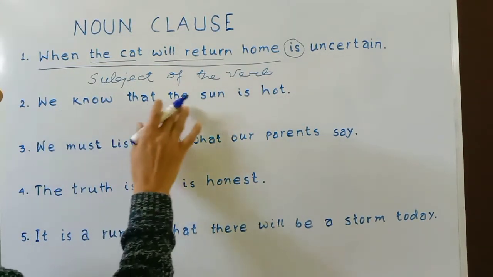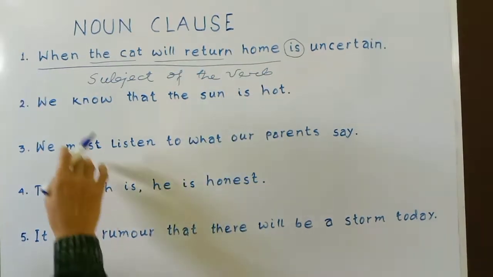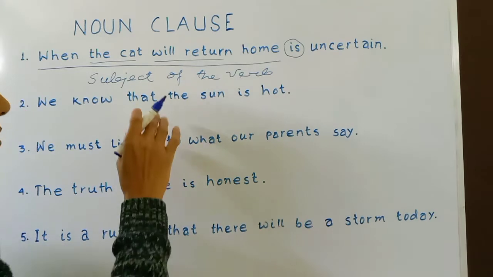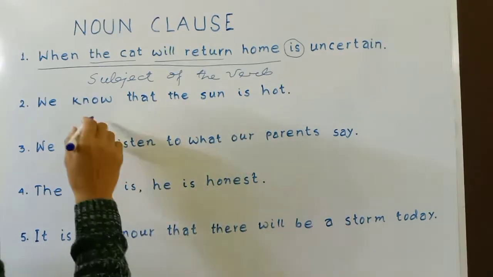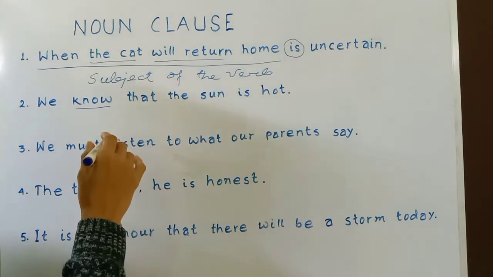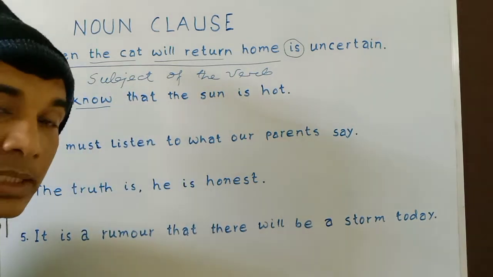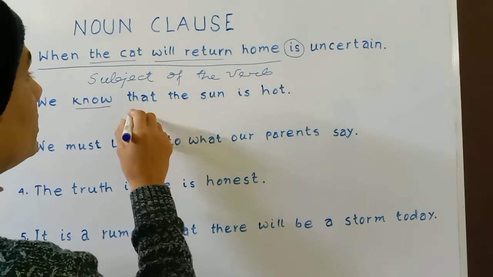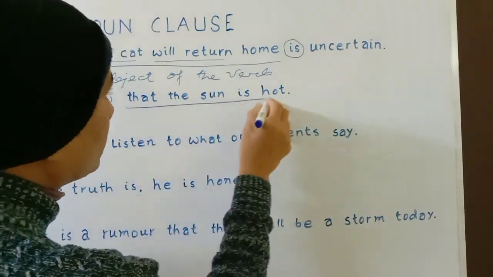After this, look at the second sentence: We know that the sun is hot. We know what? That the sun is hot. So know is the verb, and it will take an object. Without an object, it is incomplete. We know what? We know that the sun is hot.